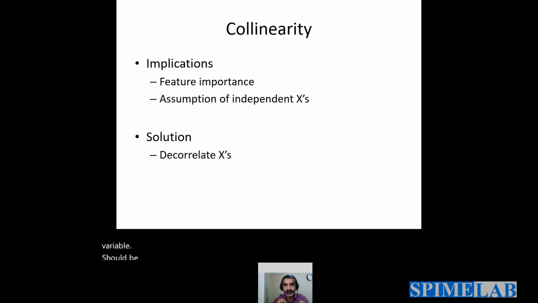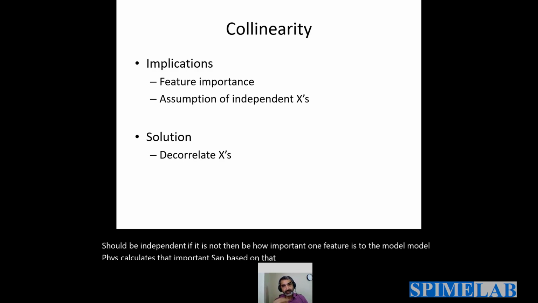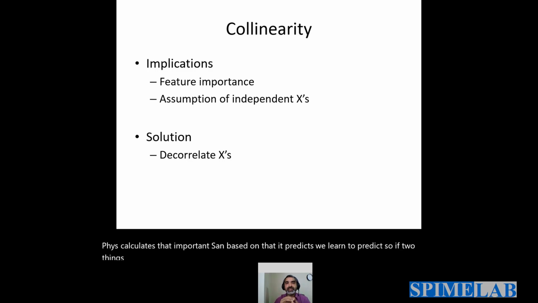If it is not, then how important one feature is to the model calculates that importance, and based on that it predicts. We learn to predict. So if two things are correlated, the model will be confused. Which one to pay attention to, X1 or X2?